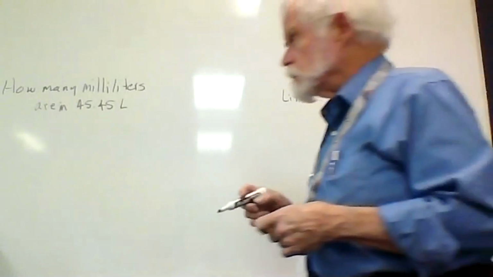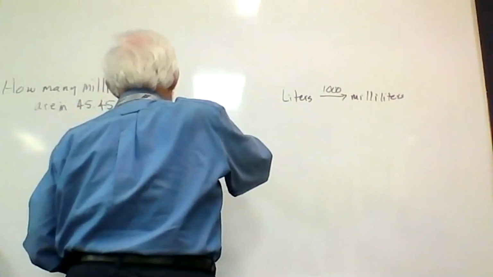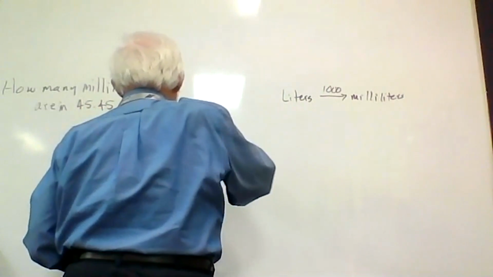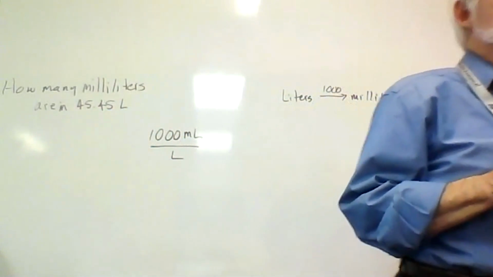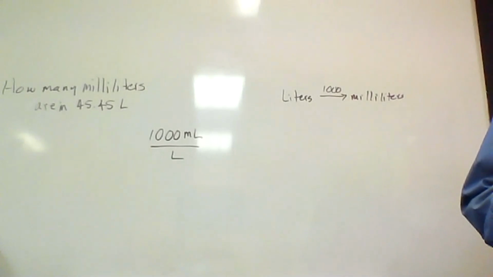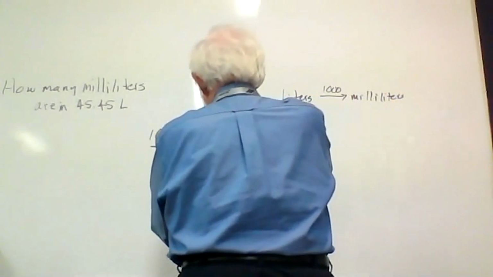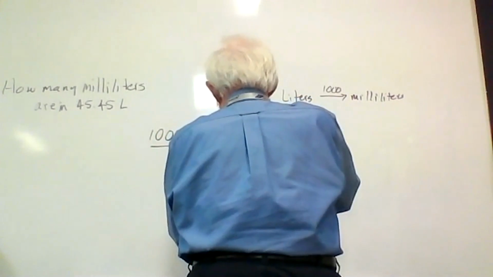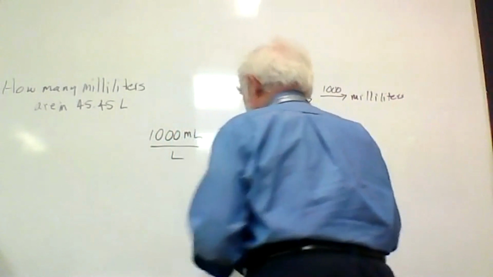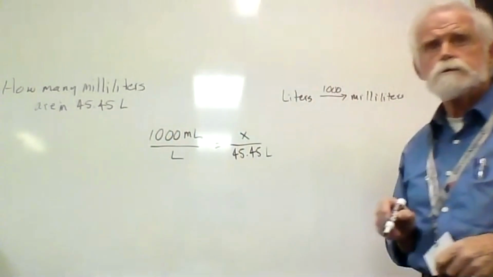Let's write that down. 1,000 milliliters per liter as a fraction. We can also make it a ratio. So that's going to equal X over 45.45, the number of milliliters in that many liters.